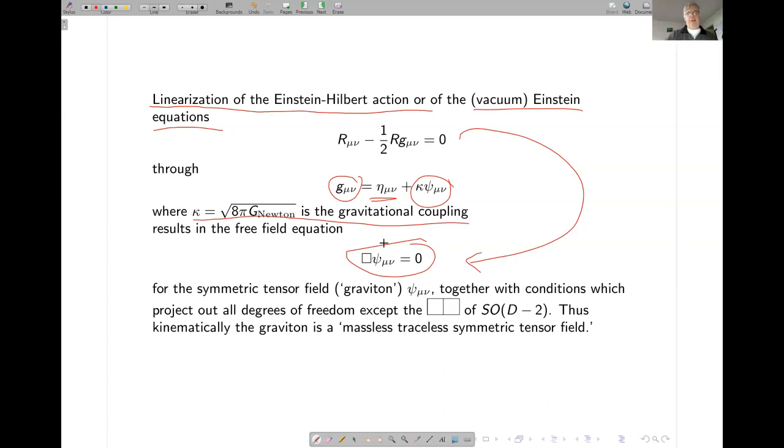But what these extra gauge conditions do is they remove those degrees of freedom which are not helicity plus minus 2, or in general dimension which do not belong to the symmetric traceless tensor of the little group. So kinematically, a graviton is a massless traceless symmetric tensor field, or loosely speaking, in 4 dimensions, a massless spin-2 field. And there are statements in the literature that this is the only consistent way a massless spin-2 particle can interact, that it uniquely leads to gravity up to higher derivative terms.